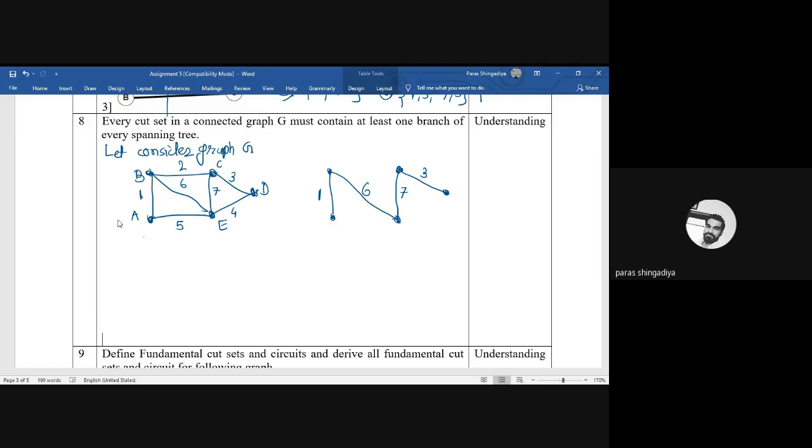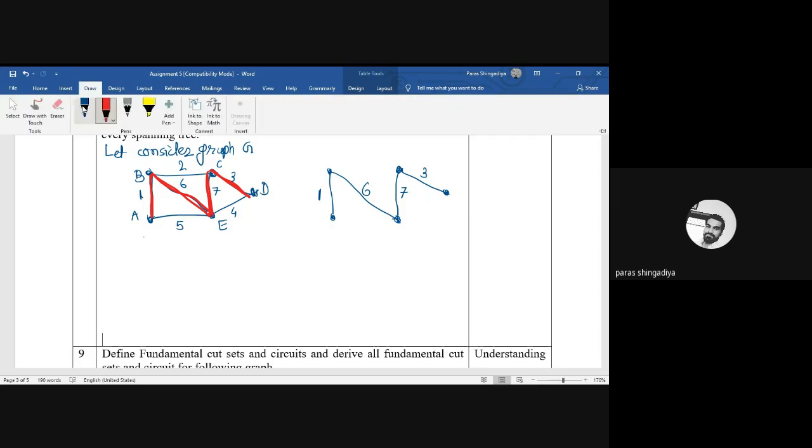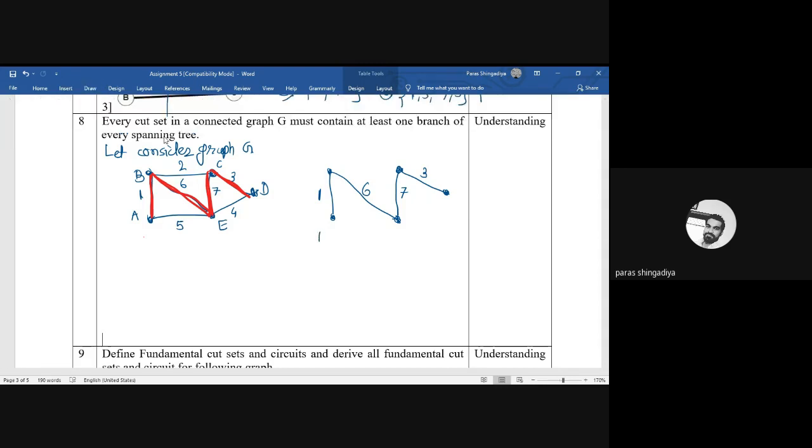So which edges I consider: edge 1, and after that 6, 7, and 3. Okay, this is my spanning tree. This red line is the spanning tree of this graph. Okay, so as we know, the edges included in a spanning tree are known as branches.